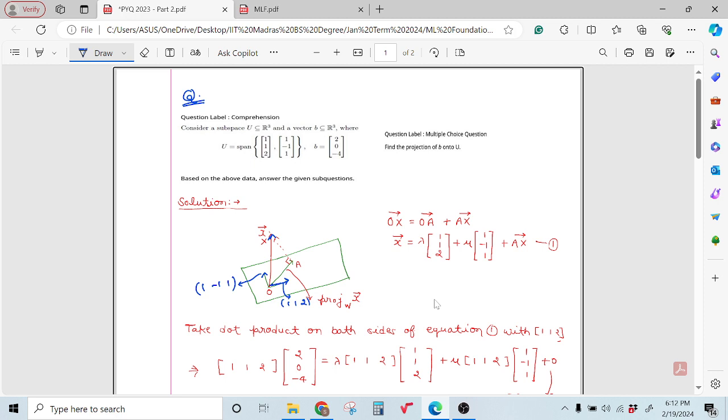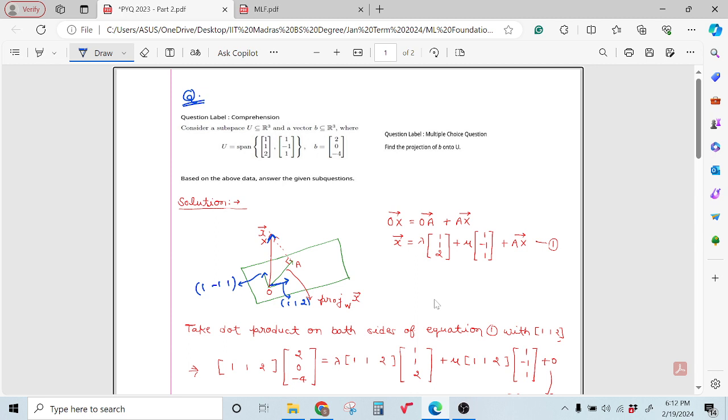So from this graph, we can write OX is equal to OA plus AX vector. OX can be denoted as x, and OA can be represented as follows: in this subspace, any vector can be represented as a linear combination of these two vectors, 1 1 2 and 1 minus 1 1.